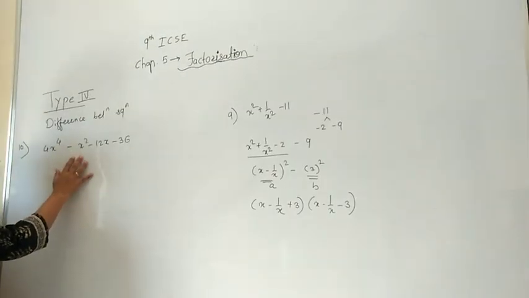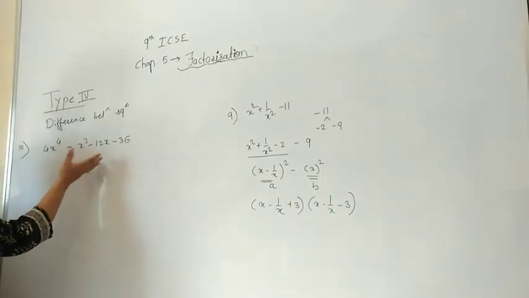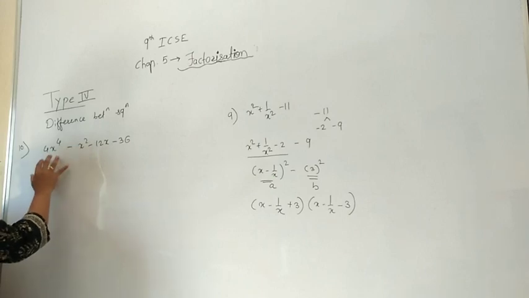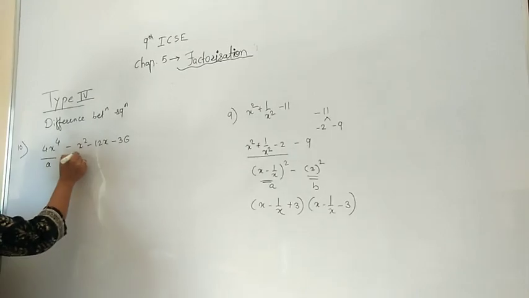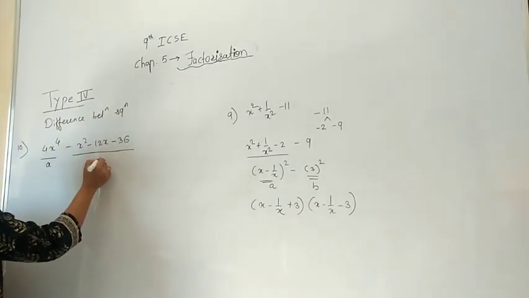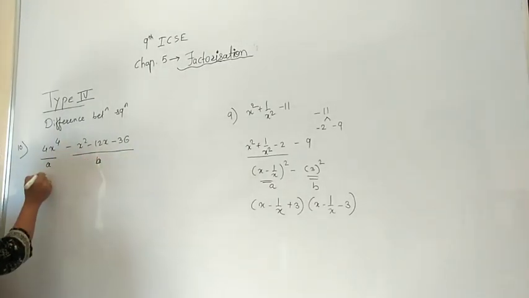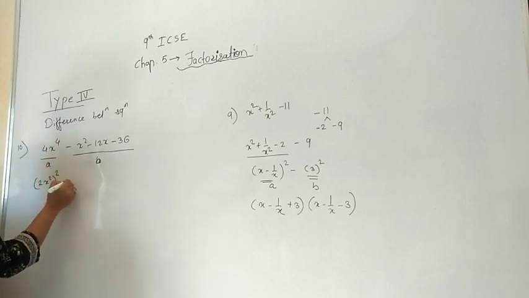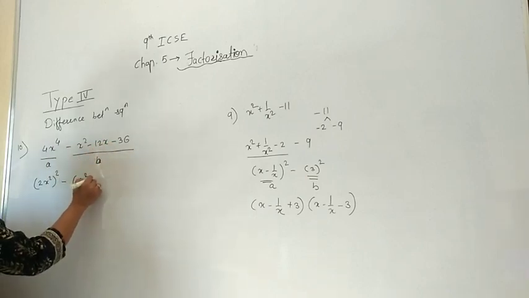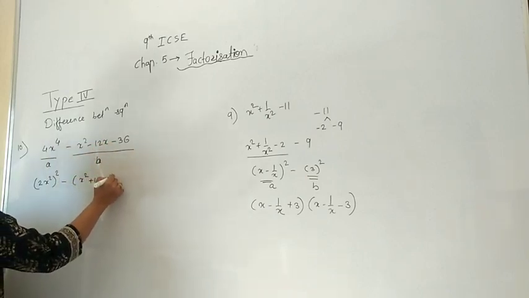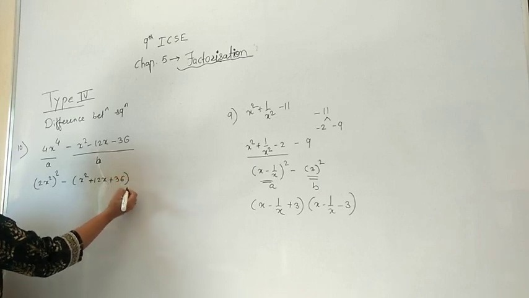In this question, we have to do grouping for getting a square as well as b square. So let's consider this as a and this whole terms as b. Okay, so taking root, (2x square) bracket square minus, and I'm taking out, so x square plus 12x plus 36.